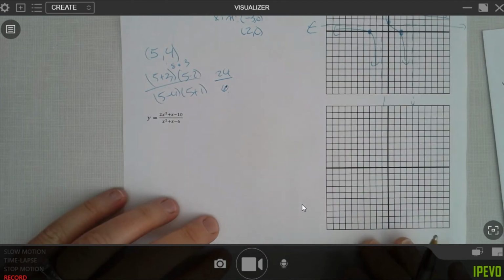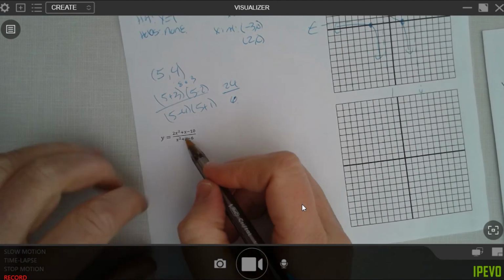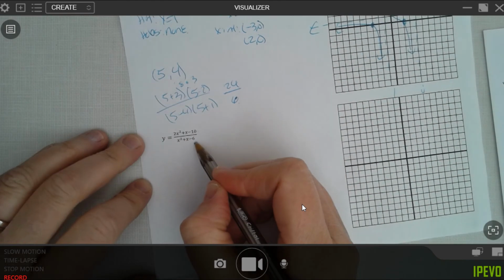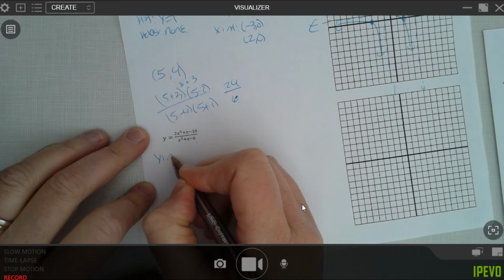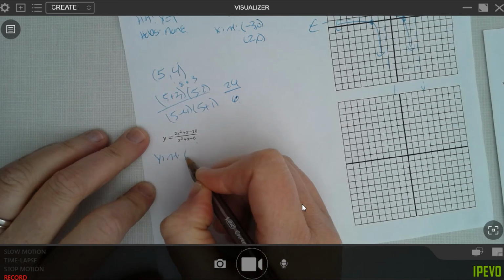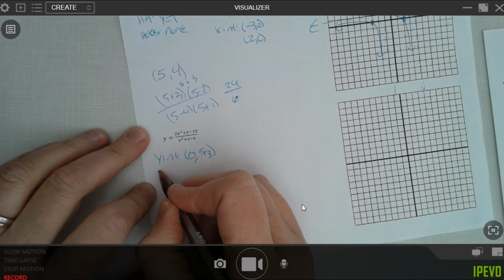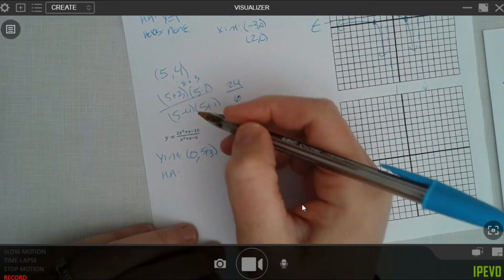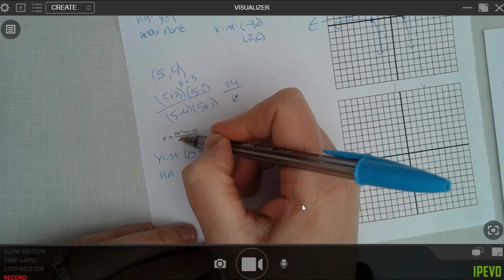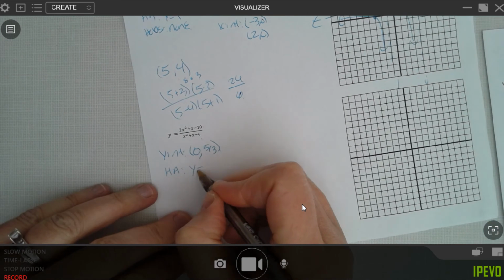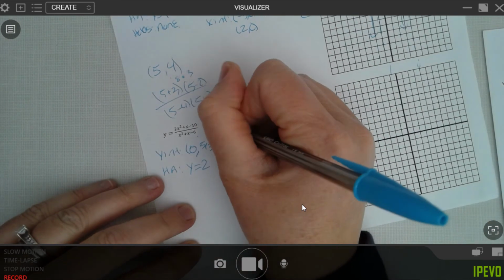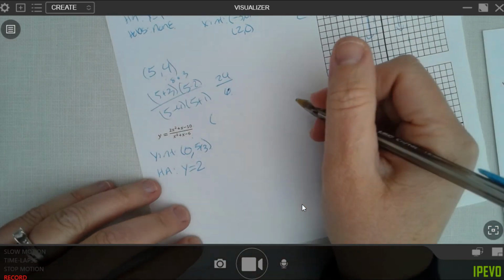So our very last one right down here, your y-intercept, make everything 0, so we get -10 over -6. So my y-intercept is going to be (0, 5/3). Horizontal asymptote, we're dividing. There's a 2x squared over an x squared, so it gives me 2. And then I have to factor it, and this is going to have to end up being the AC method, you guys.